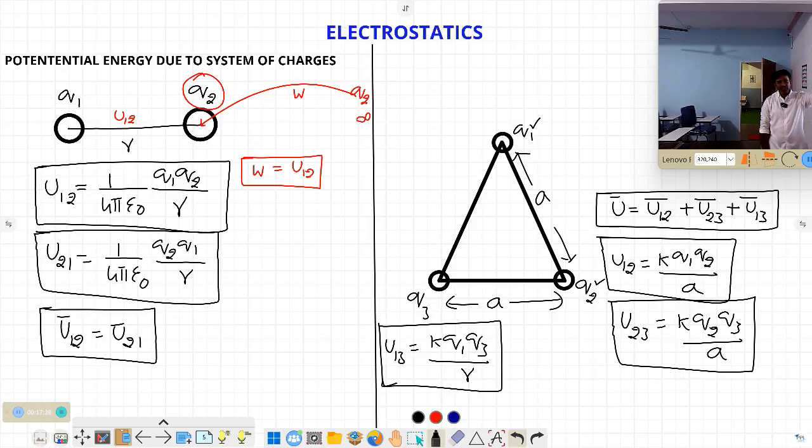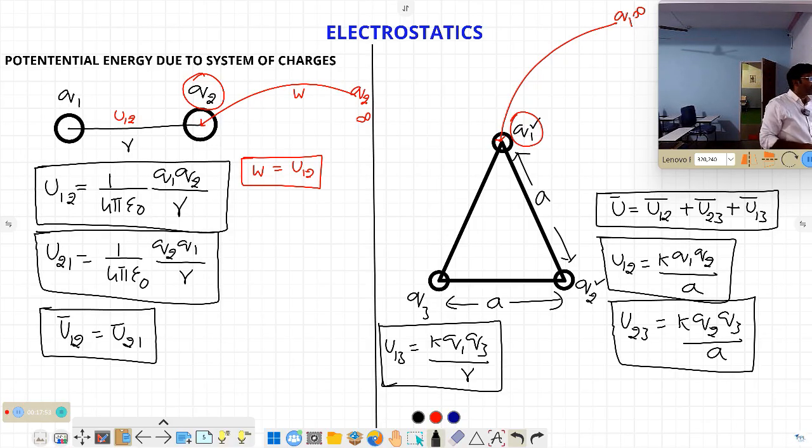In the case of a three charge system, suppose Q1 is not there. Imagine that Q1 is at infinity. Now you want to bring this Q1 from infinity to this point. How much work do you have to do? In this case, you have to calculate the energy of the system.